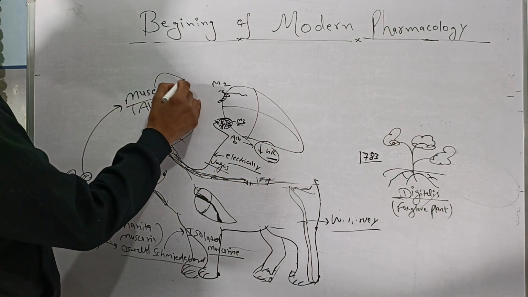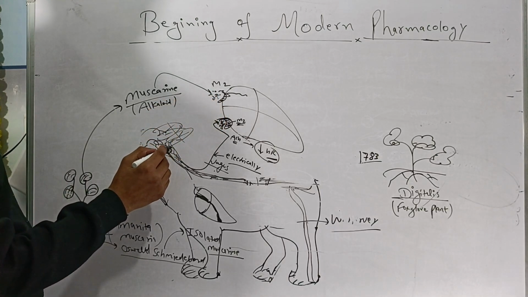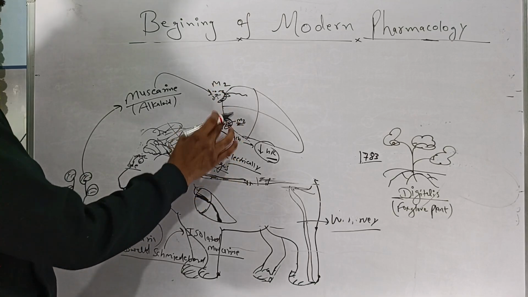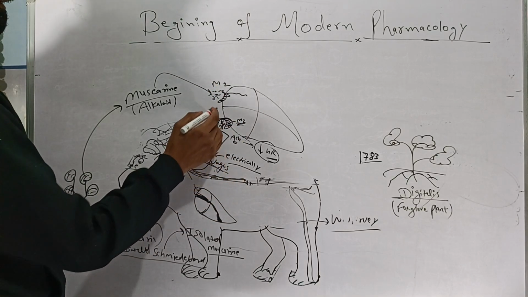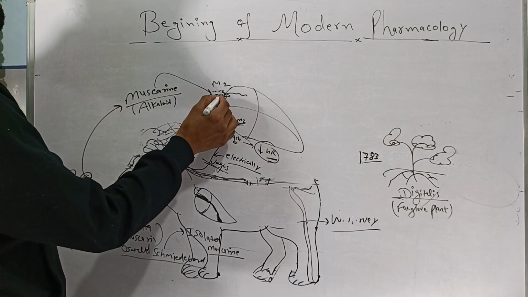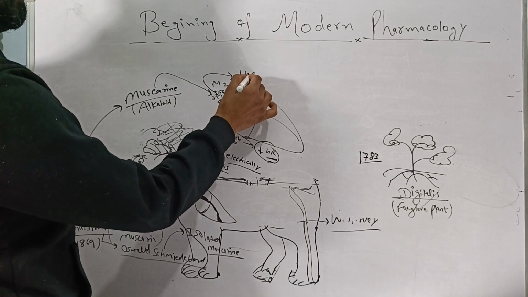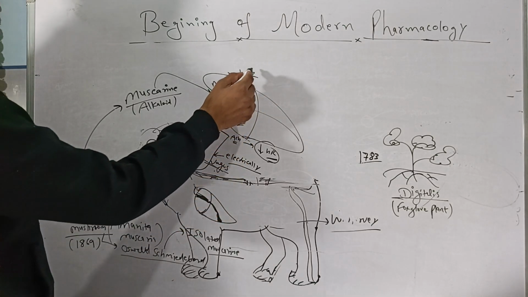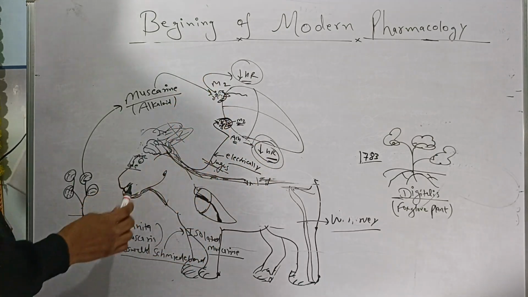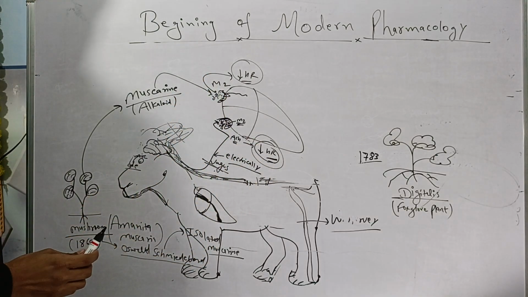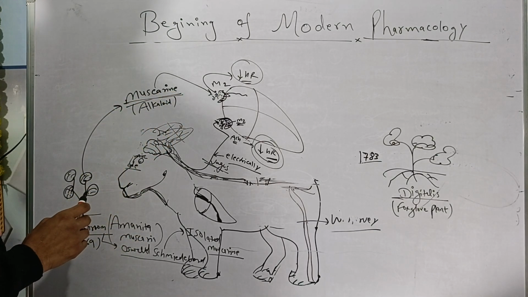Then he injected muscarine, and the muscarine compound had a result similar to the electrically stimulated vagus. Means once muscarine reaches the M2 receptor, it also leads to a decrease in heart rate. This similarity of the two effects was demonstrated by Oswald Schmiedeberg after isolating this alkaloid muscarine.